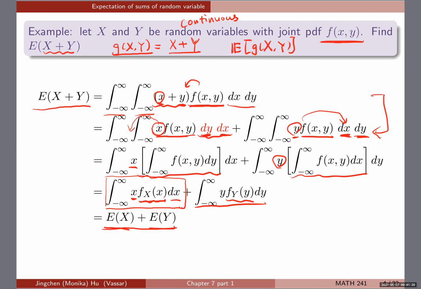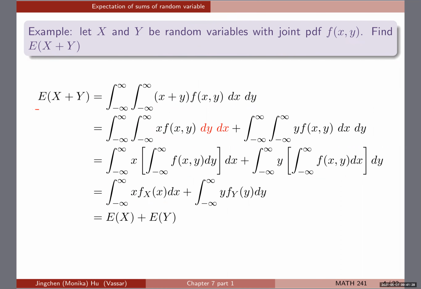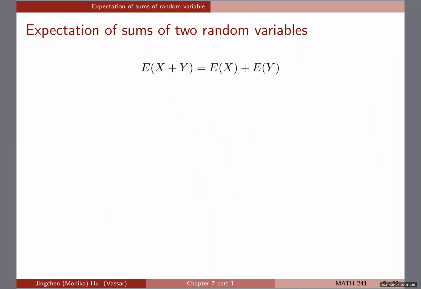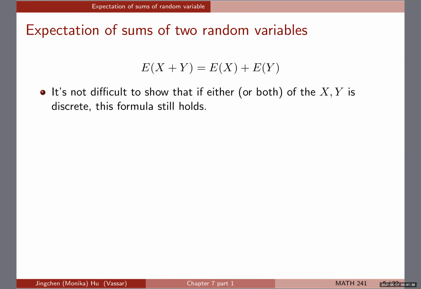In this slide, we show how you can arrive there, and some of the techniques are really important to grasp, especially those double integrals. This is a general result, like I said. We showed the case for continuous random variables, but if you work it out for the discrete case, it works as well, whether one of them is discrete or both.